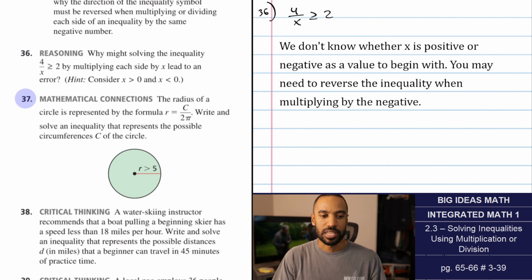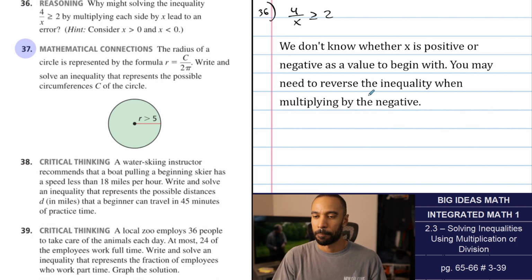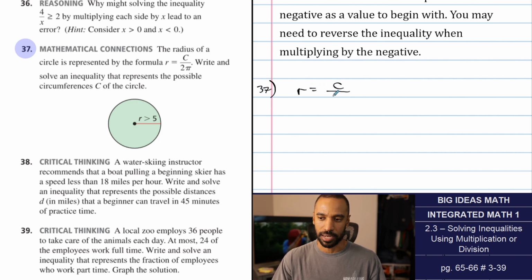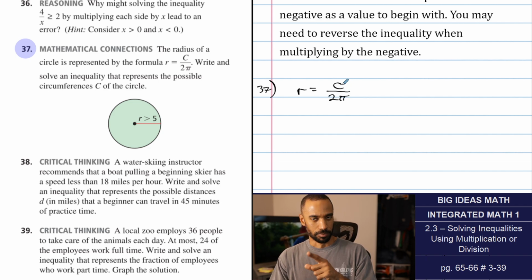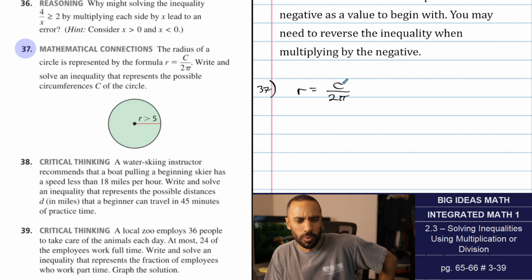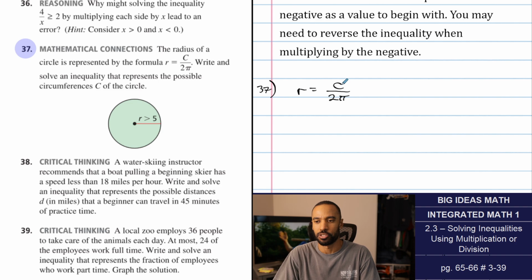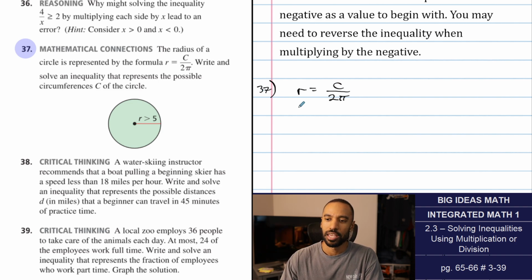All right, number 37, mathematical connections. The radius of a circle is represented by the formula r equals c over 2 pi. Now, we did that in section 1.5 on literal equations, rewriting formulas. Write and solve an inequality that represents the possible circumferences c of the circle. This is r is greater than 5. We have a radius that's greater than 5.